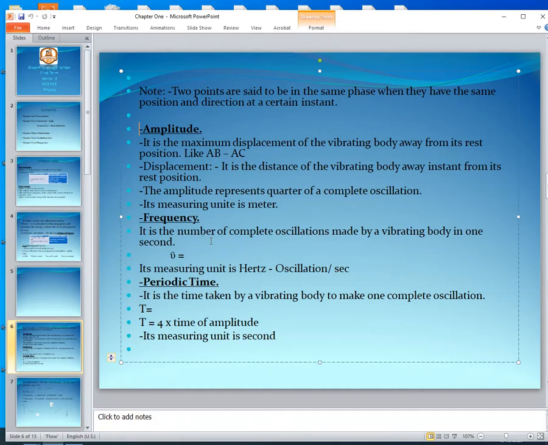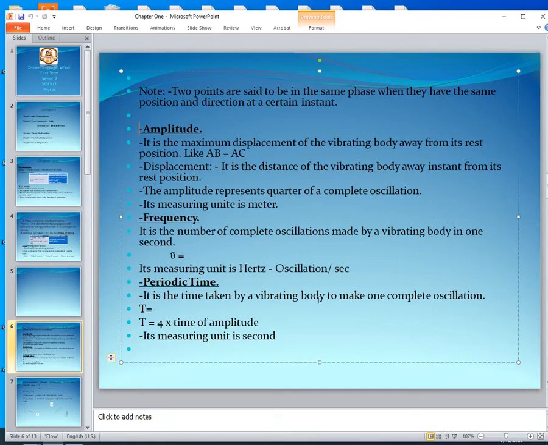The distance to the left is the same as the distance to the right. This distance equals the same value of that distance but opposite in direction. This means this is the maximum distance away from the rest position. This maximum distance away from the rest position is called the amplitude.